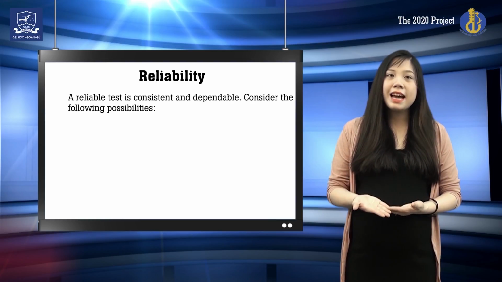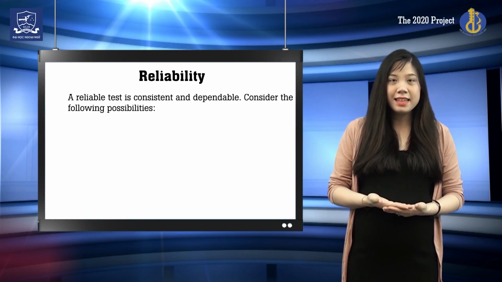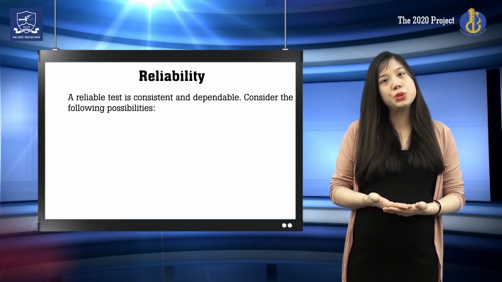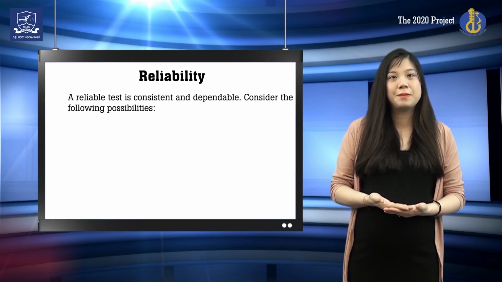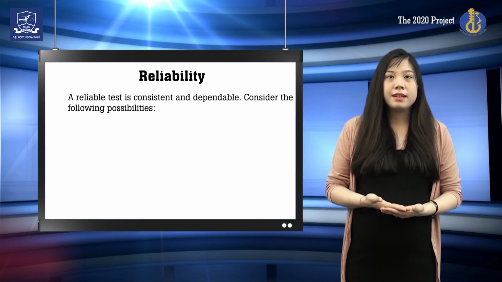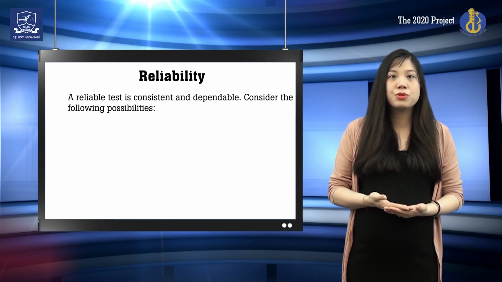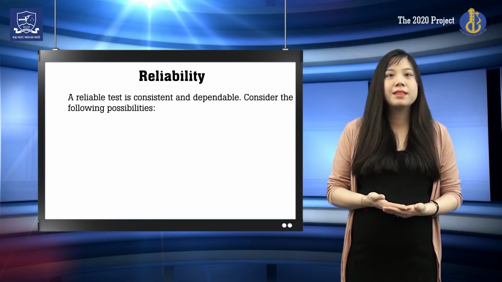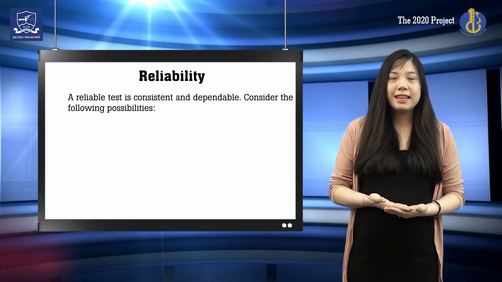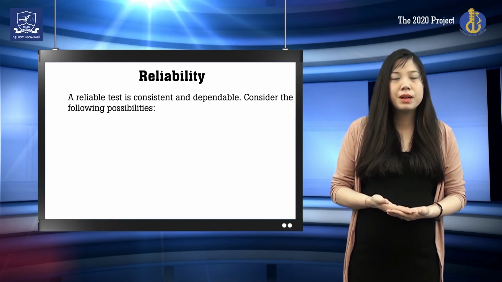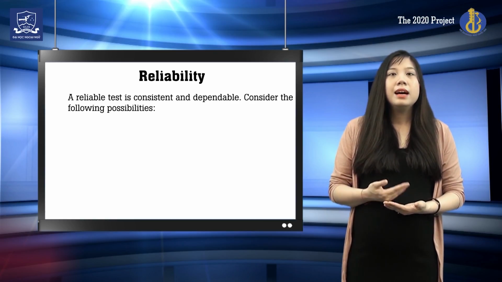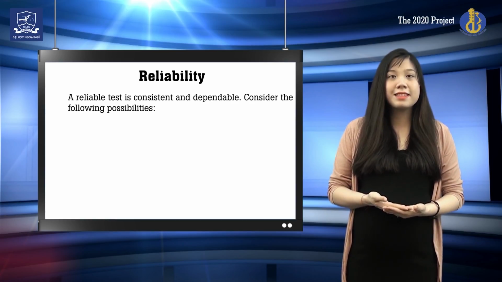A reliable test is consistent in its conditions across 2 or more administrations, gives clear directions for scoring or evaluation, has uniform rubrics for scoring or evaluation, lends itself to consistent application of those rubrics by the scorers, and contains items or tasks that are unambiguous to the test taker.